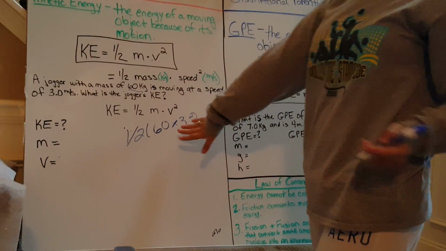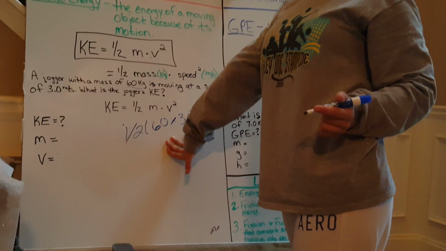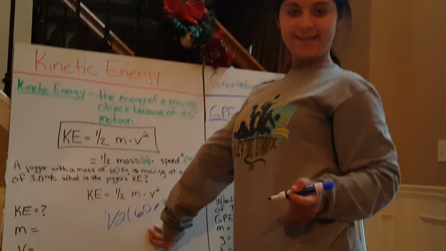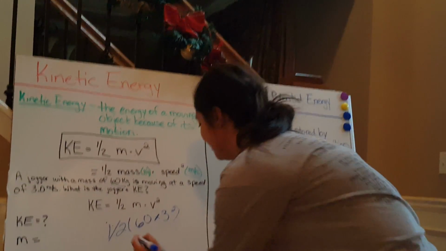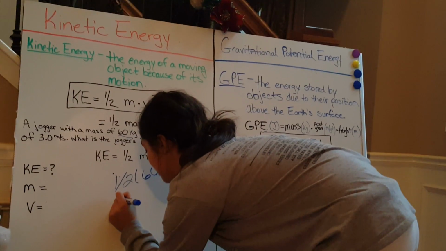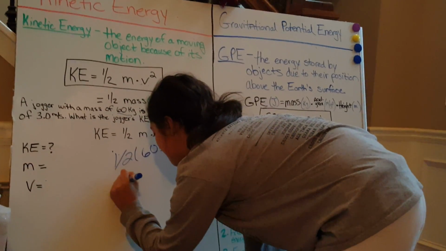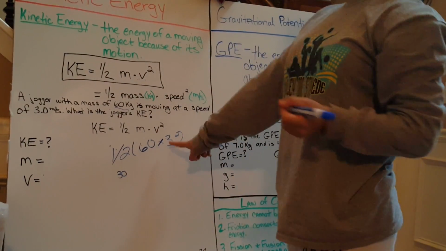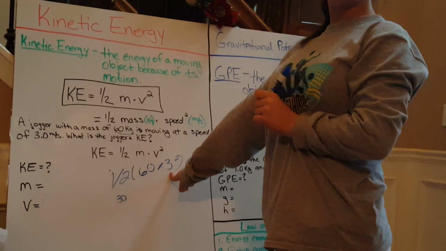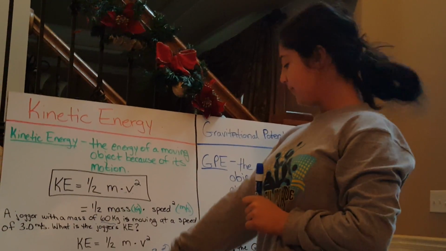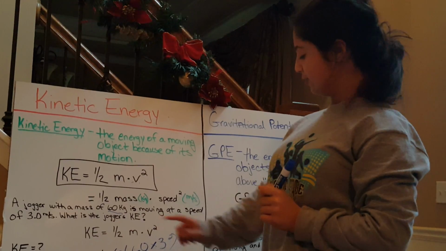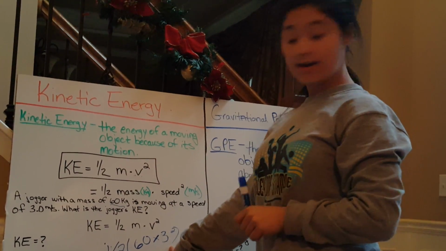And so half of 60, does anyone know what half of 60 is? It's 30. You are correct. So you're going to write 30. And does anyone know what 3 squared is? Well, I'll just tell you. It equals 9.